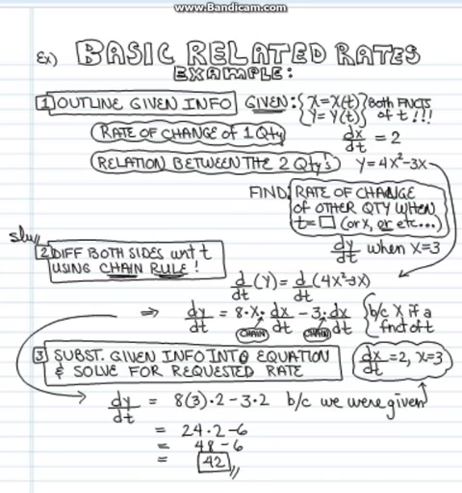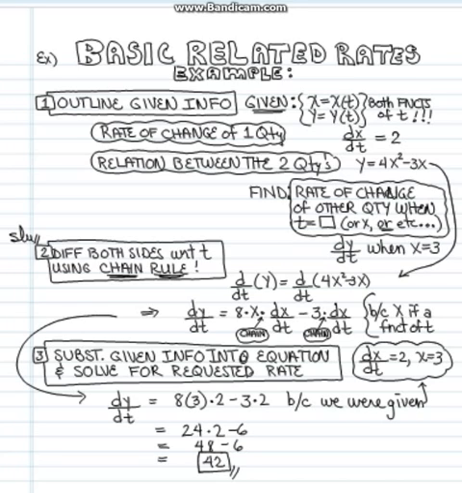So you see, we followed the steps. We outlined in step one. We wrote down the two given quantities. They're both functions of a common variable, in this case t, where we are given the rate of change of one of those two quantities, x, dx/dt equals 2. We're given a relationship between the two quantities. Remember the given x and y?